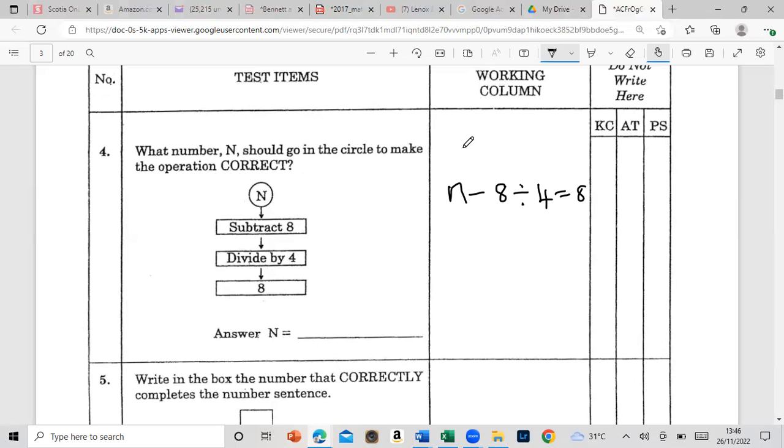I don't want to take the long way. Not 38, 40 rather. So it would be 40 minus 8. That gives us 32. And then we divide by 4, 16 and 16, 32. Yeah, so that should be 40.